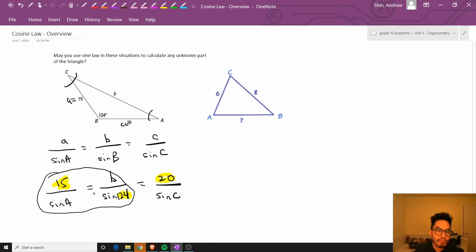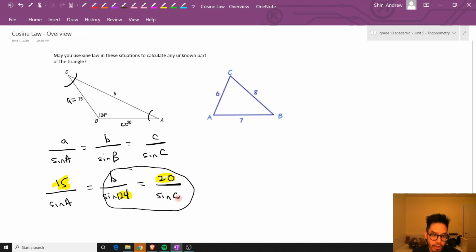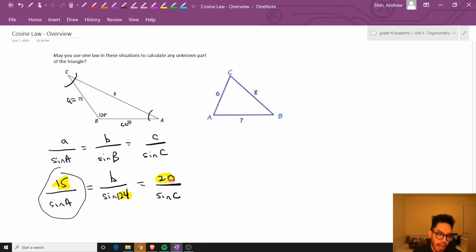I need a situation where there's going to be one unknown. And likewise, if I choose these two right here, again, I'm going to have two unknowns, b and c. And if I try the last two, again, I'm going to have two unknowns, angle A and angle C. Right here, in this situation, known as side angle side.